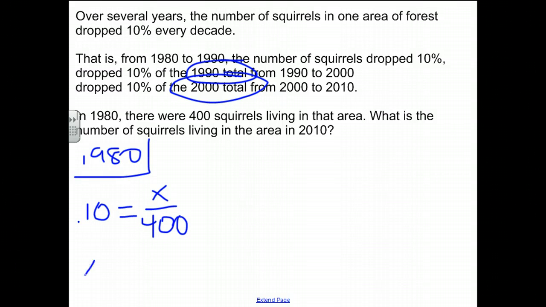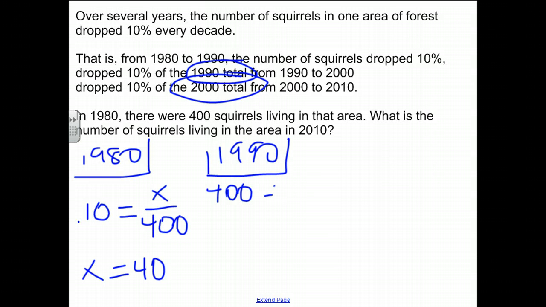Multiply both sides by 400, you get x is equal to 40. So in 1990, what we had was 400 minus 40 equals 360 squirrels.